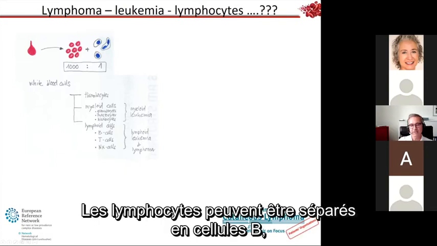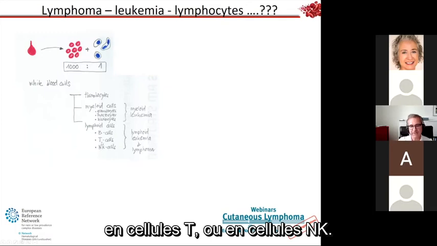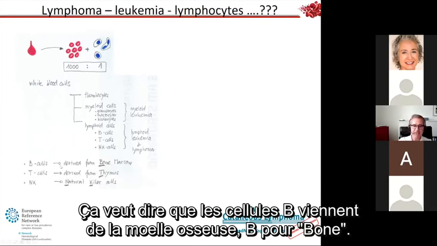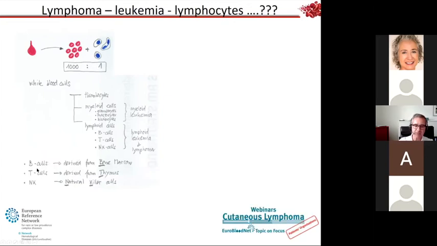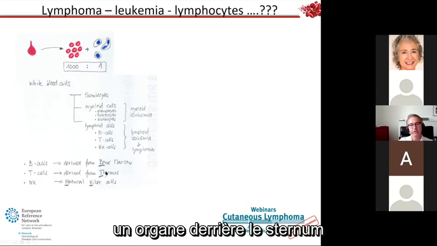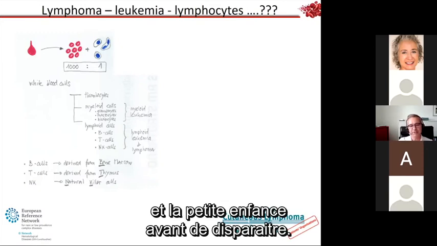The lymphocytes, again, can be separated into B cells, T cells, and the so-called NK cells. Now, what do these letters mean? They simply mean B cells are derived from bone marrow, hence B, whereas T cells are derived from the thymus, an organ that lies behind the breastbone, an organ which is important only during the embryonic period, maybe early childhood, but then disappears.